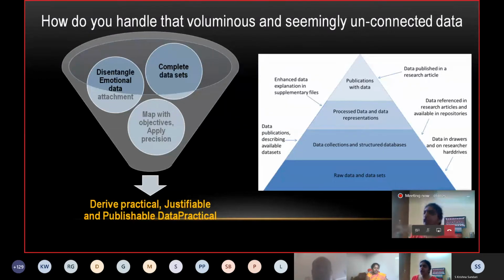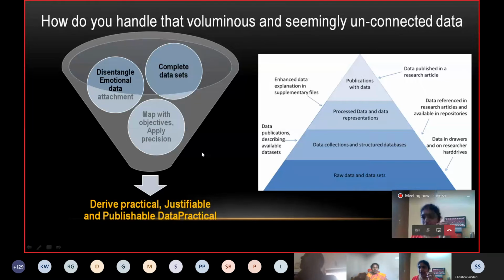So how will you know that? Apply a filter. What is this filter filtering out? You have the complete data set. From the complete data set, you disentangle your emotional attachment to your data, look at the data by mapping it to the objectives, and apply the rules of precision. Rules of precision means the statistical tools and the validation tools.